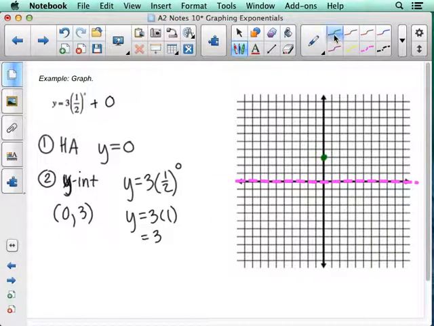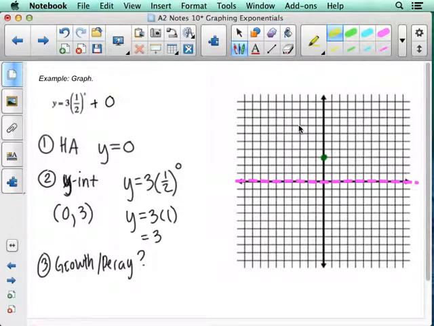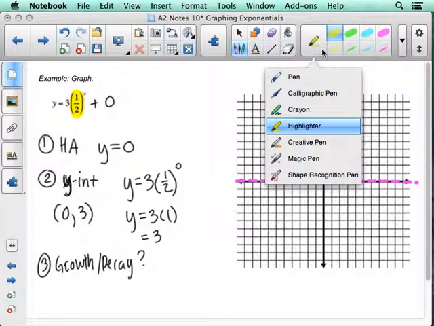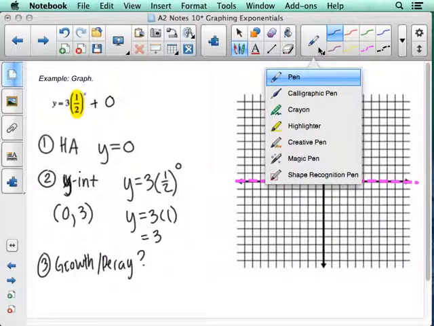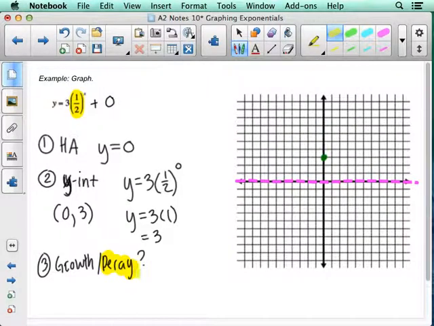And then I want to think, third, is this growth or decay? Well, this 1/2 tells me whether it's growth or decay. 1/2 is between 0 and 1, so I know that it's going to be decay. Whenever you have a number between 0 and 1, it's going to be decay. So when I draw this from left to right, as I go to the right, it's going to get really close to my horizontal asymptote.